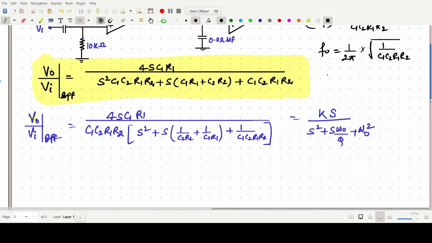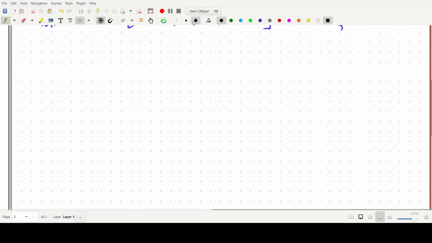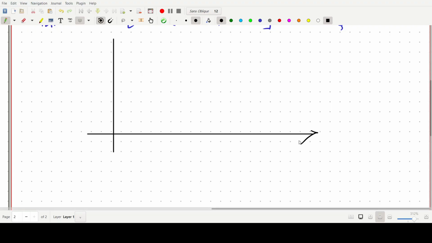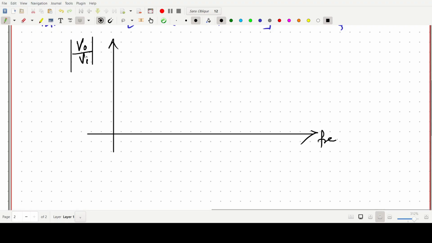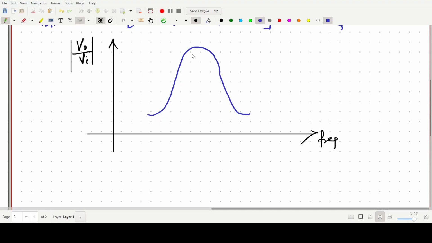Because see, this one is our band pass filter. So the transfer function V naught upon Vi in magnitude as a function of frequency is like this.